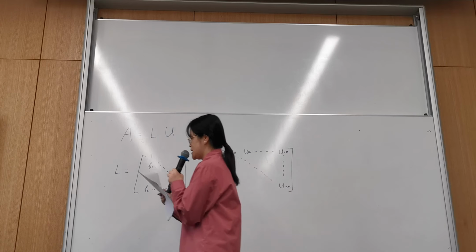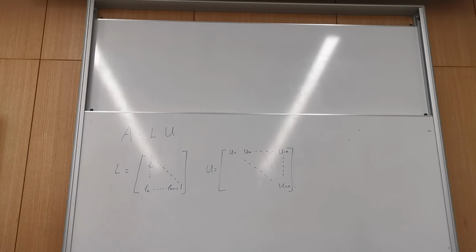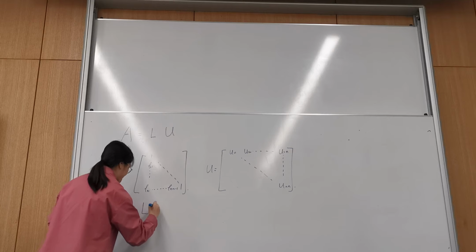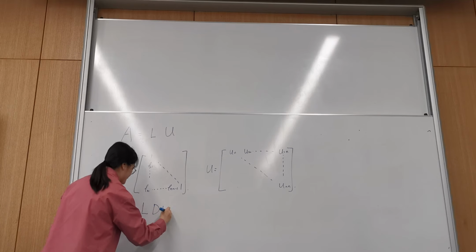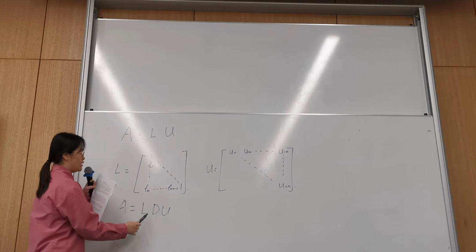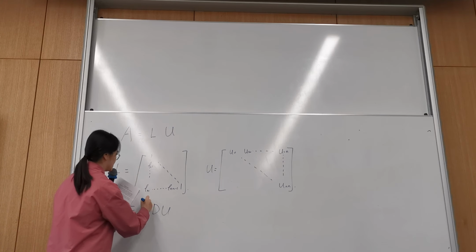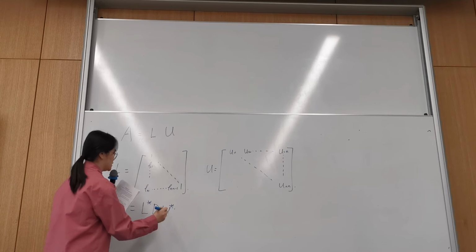So the question is asking you to show this A can be factored into the form LDU. This new L and U is not the same as the previous LU decomposition, so I'll add a star here.